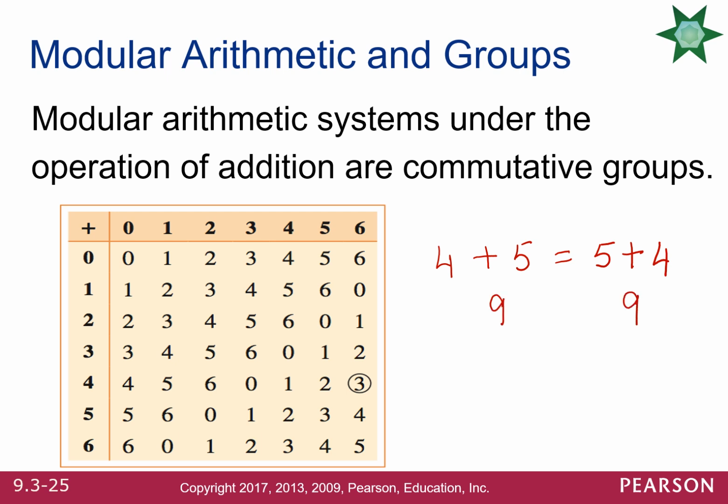So if we switched the values, we would still get the same value. There would be no change in the answer. The same applies in modular addition as well. All right.